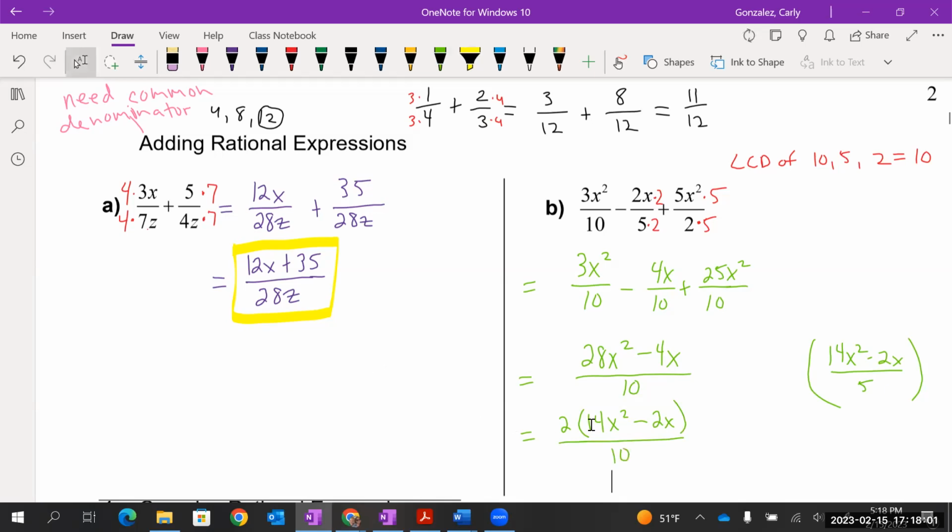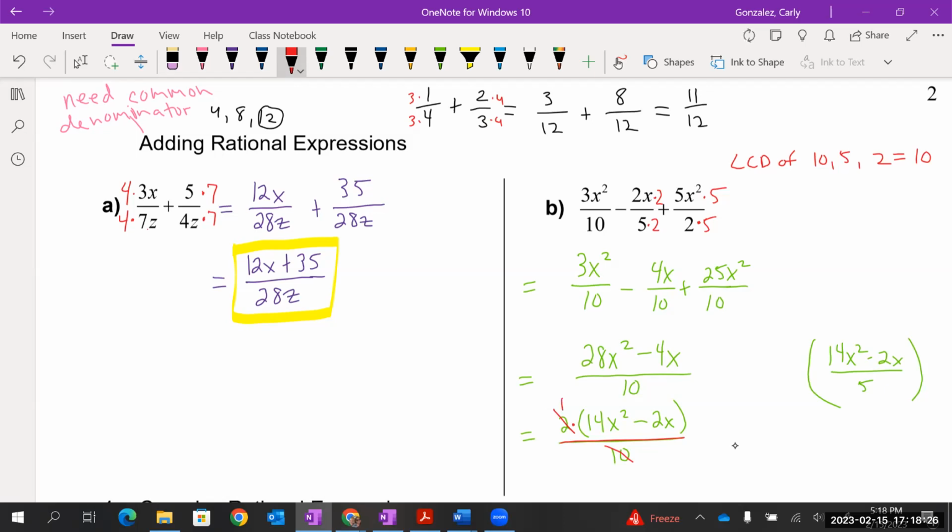And now take a look. If I distributed this 2 back, I'd get 28x squared. That's right. And then I'd also get minus 4x. So these are in fact equivalent. However, now that we have multiplication over division, we can go ahead and cancel the 2 and the 10, reducing them both by 2.